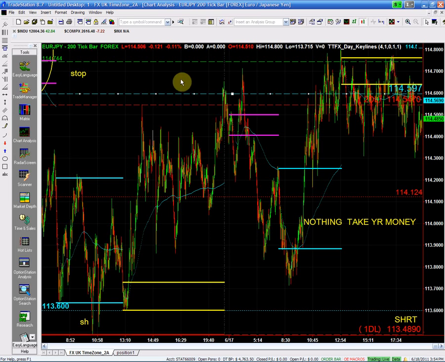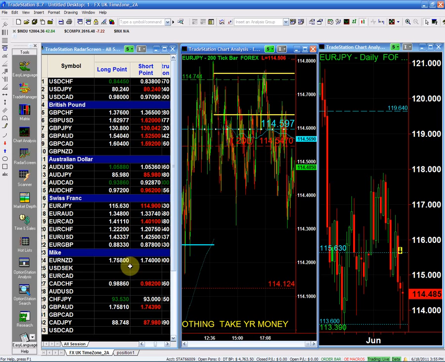So I think that would be a more decent buy for us, a more safer buy, because at least I know it has cleared this noise. Okay, I wanted to clear this noise. So with that said, my buying point for the euro yen, my long point, is going to be 114.74.